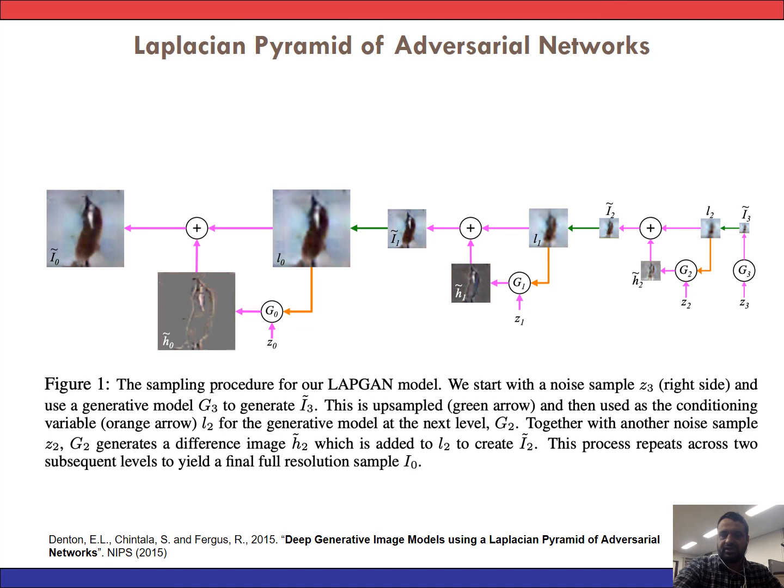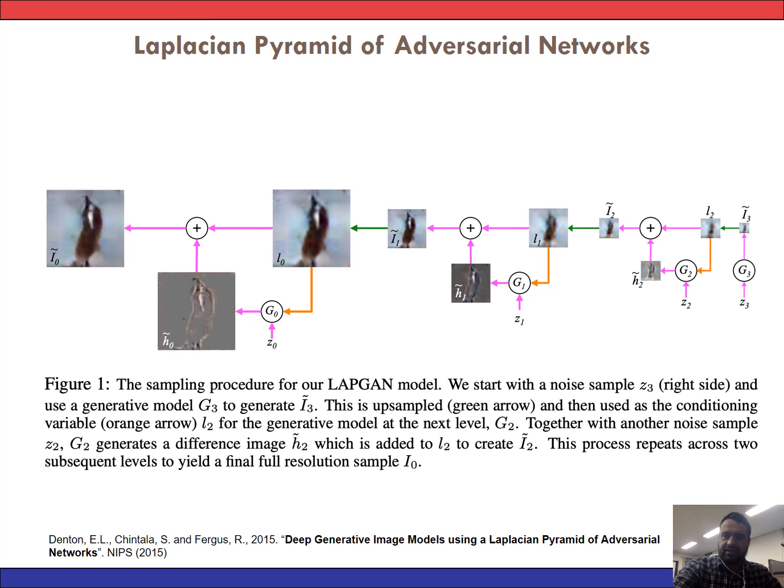Here we can see that the first generator takes C3 as input and it generates I3, and here we upsample this I3 to I2 and then give it as input to the second generator along with the sample Z2 from the Gaussian or the uniform distribution. This G2 will then generate H2, and we add I2 and H2 here and then upsample again, and this is the output.